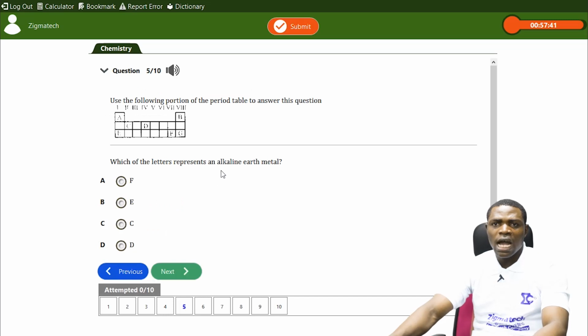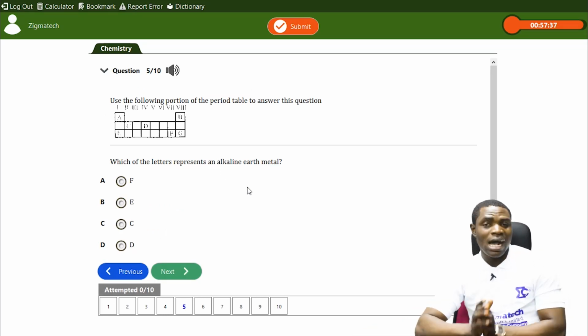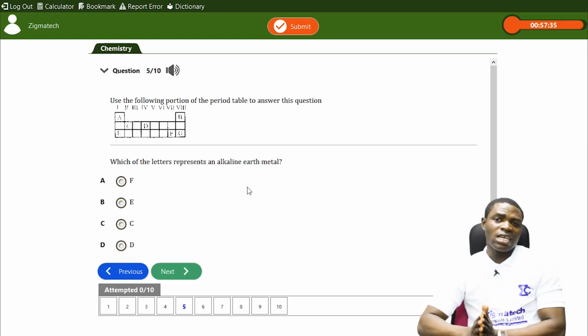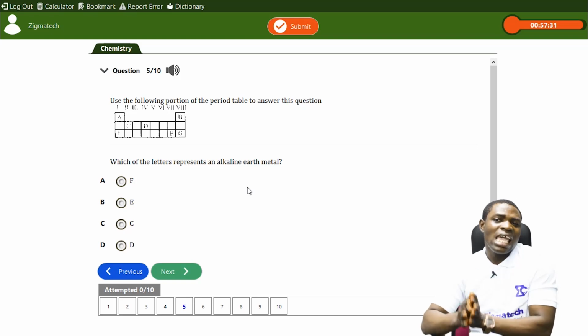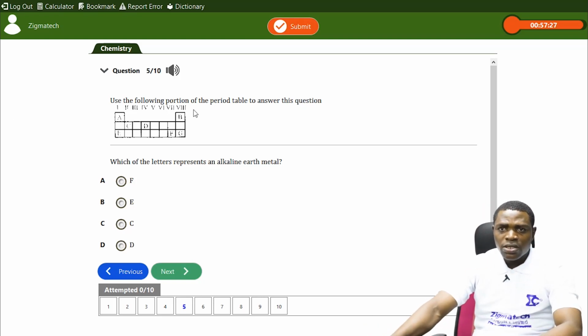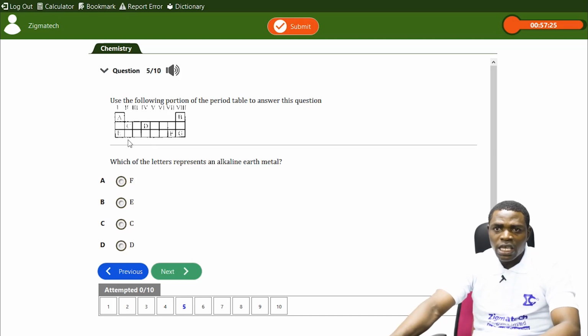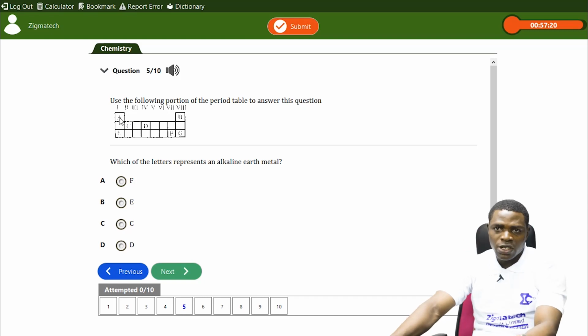Next question. Look at the question here. They gave us a diagrammatic illustration and we are asked to look at it. Which of the letters represent the alkaline earth metal? If you look at the options, you understand that we have A, B, C, D, E, F, and G. Looking at how they are positioned, A is what? Hydrogen.